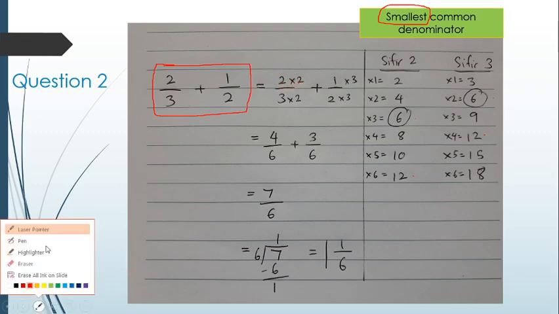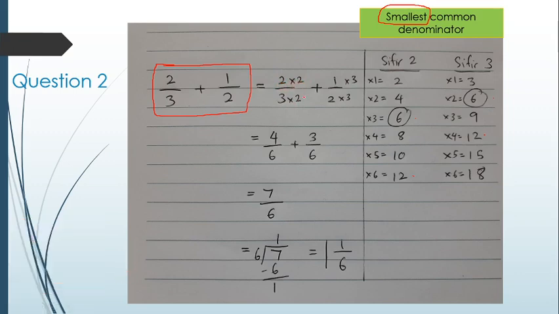Okay, bila awak mendarab nombor denominator ini dengan satu nombor, numerator pun mesti didarab dengan nombor yang sama. Right? So in here 1/2. Okay, 2 here we want to change into 6. Macam mana 2 ni jadi 6? So 2 darab 3. 2 times 3, 6.